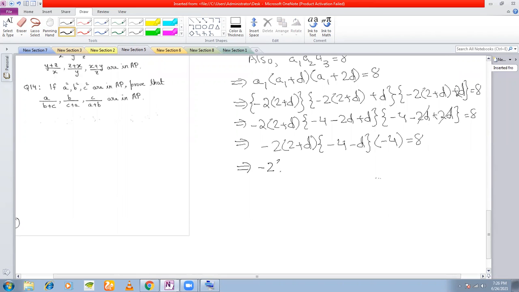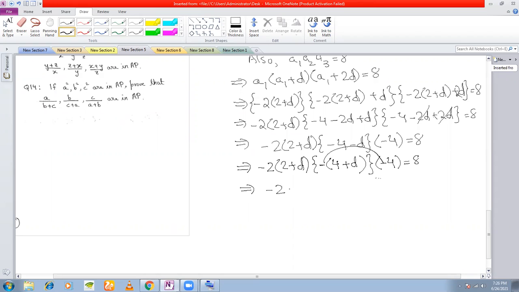So now minus 2 into 2 plus D. Now see here, if you take a minus common here, 4 plus D you will get, right? And here minus 4 is there, is equal to minus 8. Now these two minus signs are going to combine with each other to give you a plus sign.